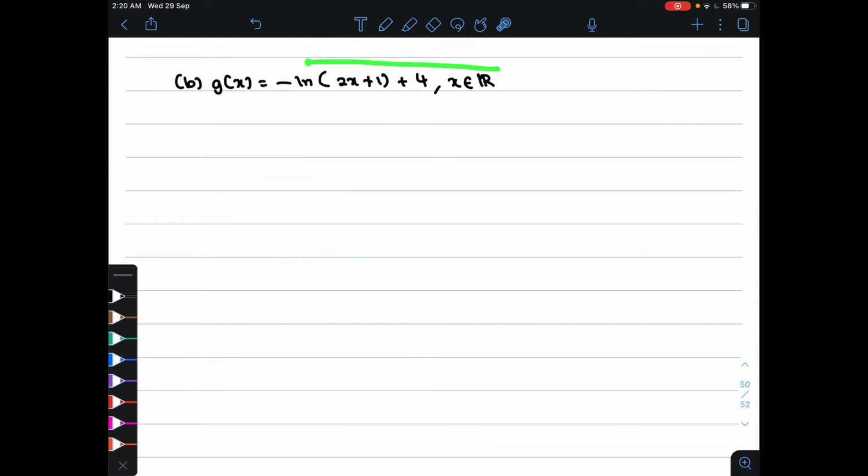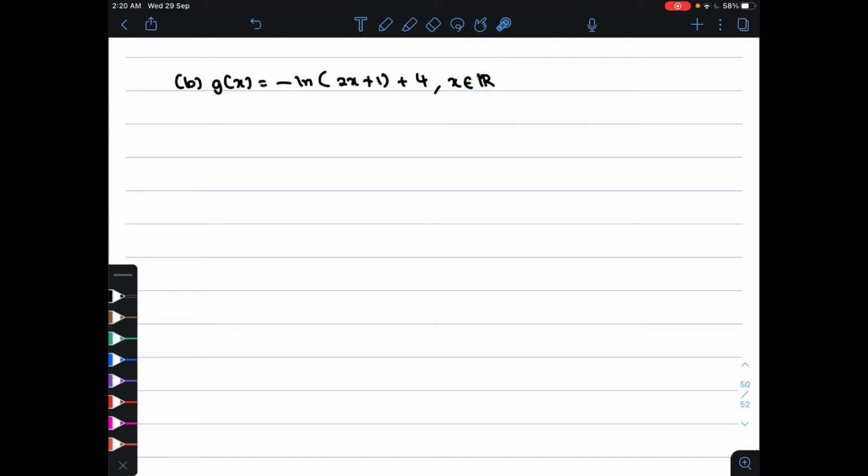For question B, we have this function g(x), so we need to find the domain and range of function g. Note that we have this condition which is x must be an element of real number. Okay, this one dia okay saja, macam tak ada apa-apa.